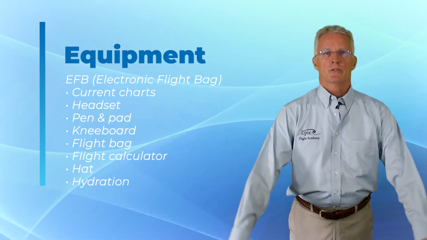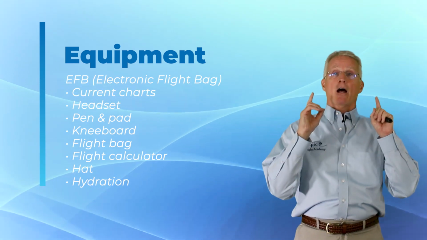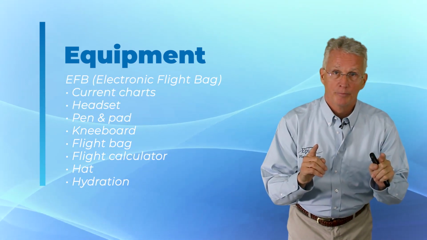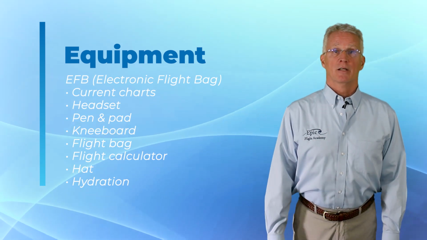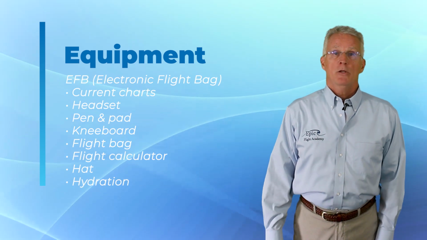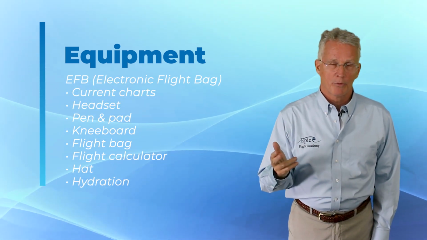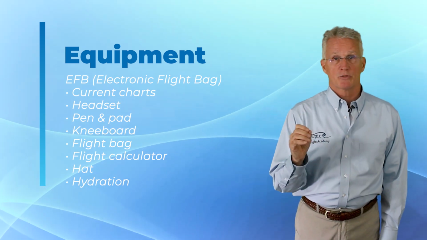So you want to make sure that you have the necessary charts and publications and that they are current. Of course, you want to have your headset, and if you haven't thought about noise canceling, please think about that. You're going to need a pen and a pencil, maybe some spares of both. You're going to need a pad to write some notes down.